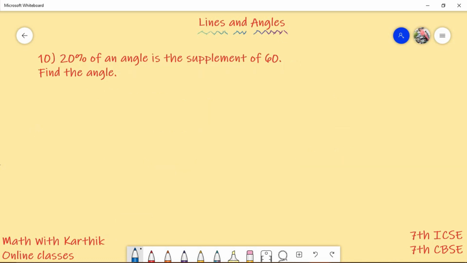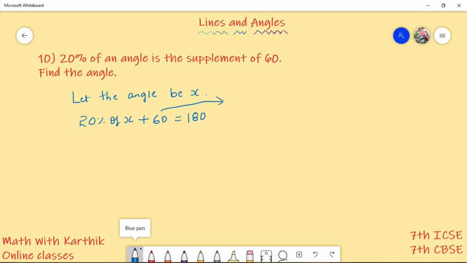Question number 10. 20% of the angle is the supplement of 60. Find the angle. First let the angle be x. Next, 20% of the angle means 20% of x plus 60 will be equal to 180. Now transfer to the other side. 20% of x means you can write it as 20 by 100 into x will be equal to 180 minus 60.